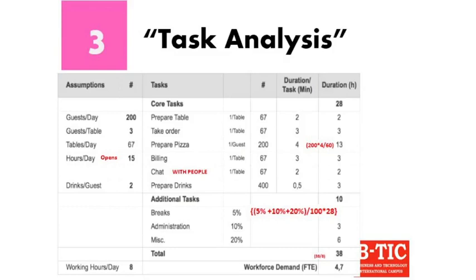So that's altogether 10 hours. So 28 hours of core tasks and 10 hours of additional tasks will count altogether 38 hours of total hours that you need to work inside your restaurant to serve 200 customers with 400 drinks and 200 pizzas.